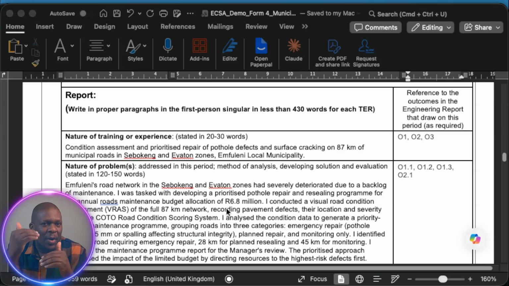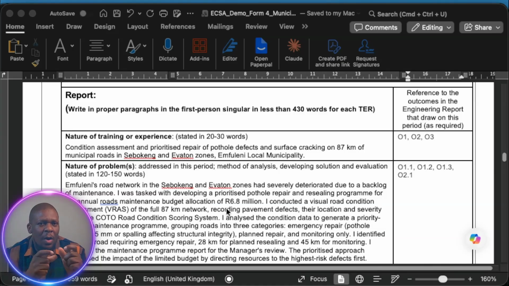So the problem here is backlog of maintenance of infrastructure. Then I was tasked with developing a prioritized pothole repairs and resealing program for the annual road maintenance budget allocation. So you have a budget that you need to spend on maintenance of infrastructure.